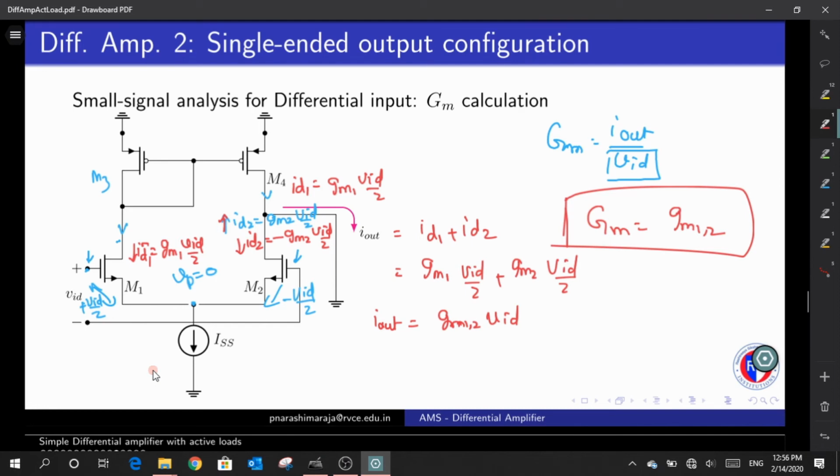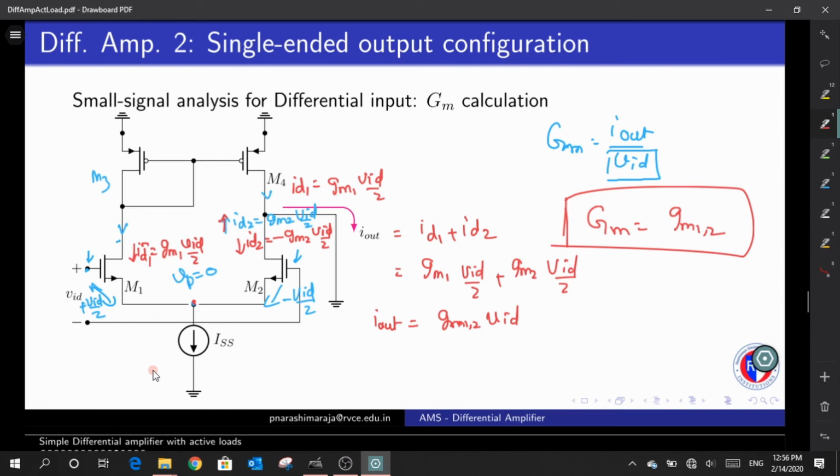Clear? Are you convinced with the way I am explaining the symmetry of the circuit? The symmetry has been observed right from the input. When I look at this VID, at the gate of M1 and at the gate of M2, the circuit is symmetric. Because of that I was able to bring this node down to the ground.